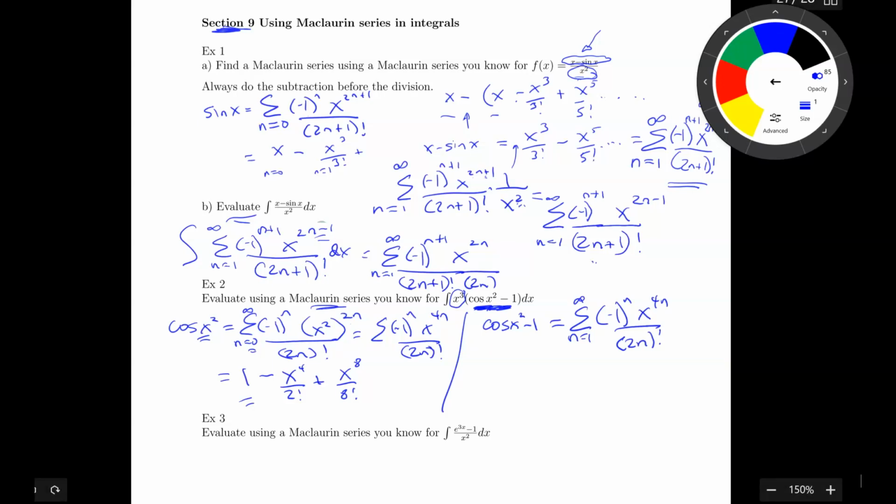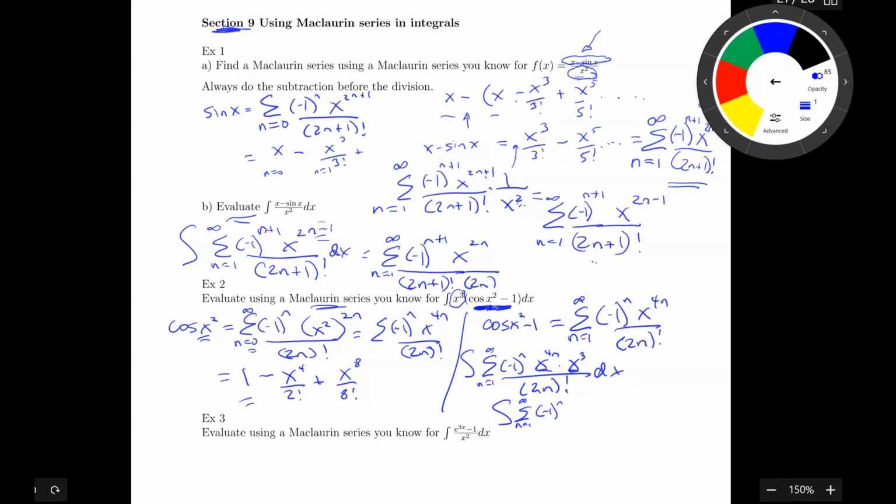I think I can do this all at the same time, right? Let's put it all in the integral. So the integral of x to the 4n times x cubed over 2n factorial dx. In order to integrate, you have to combine those two terms. And I should keep my 1 to infinity.